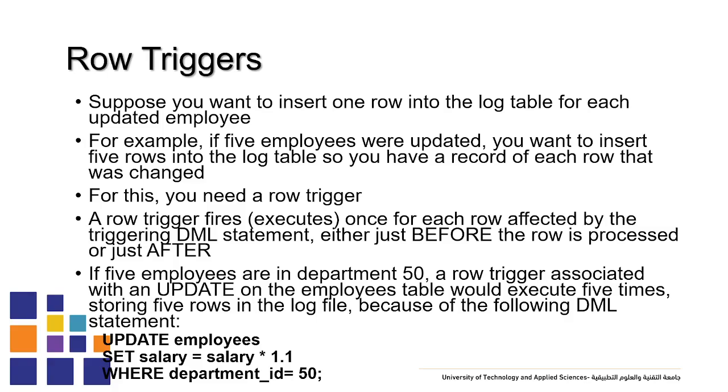We can see the update clause here, an SQL update on that particular employee table with the set salary field equal to salary multiplied by 1.1, where the department ID is equal to 50.